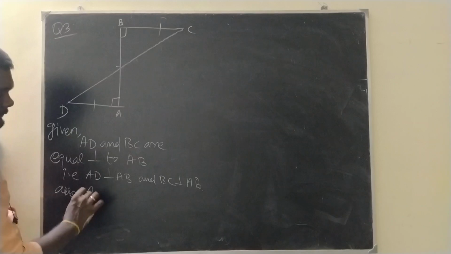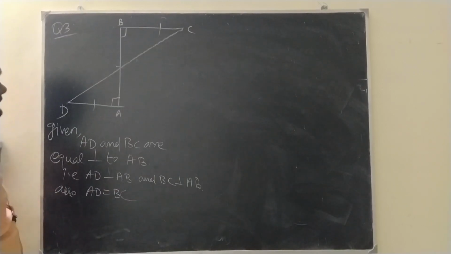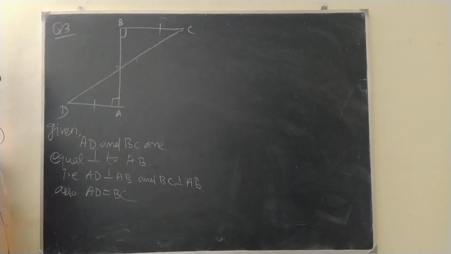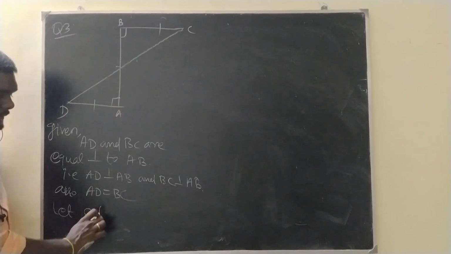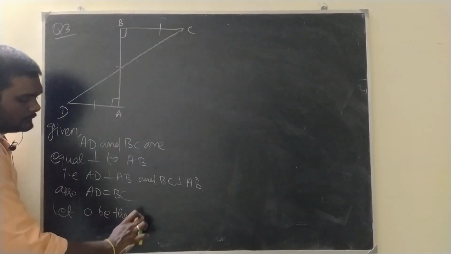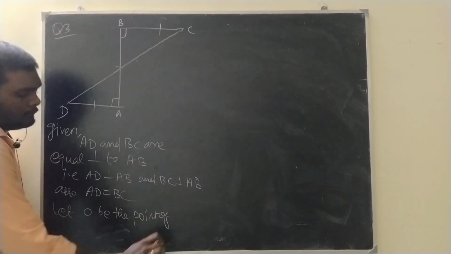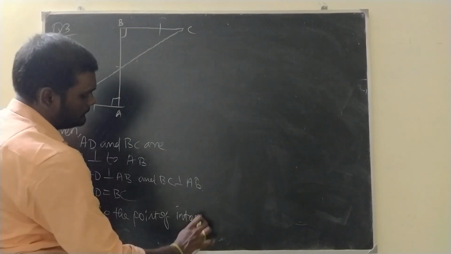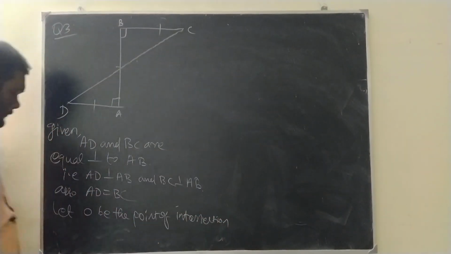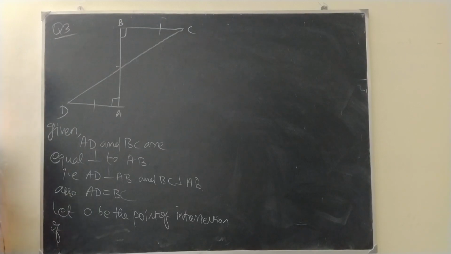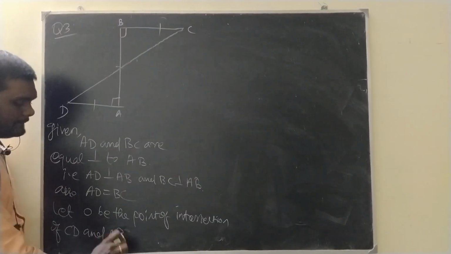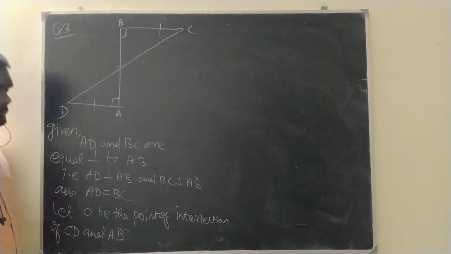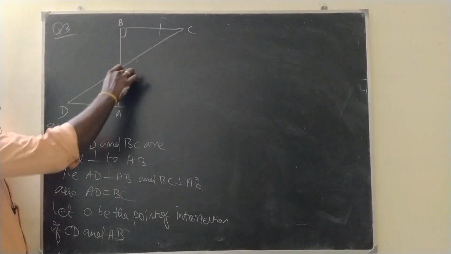Also, this AD is equal to BC. And let O be the point of intersection of CD and AB, since we need to prove CD bisects AB. We'll mark this as O.